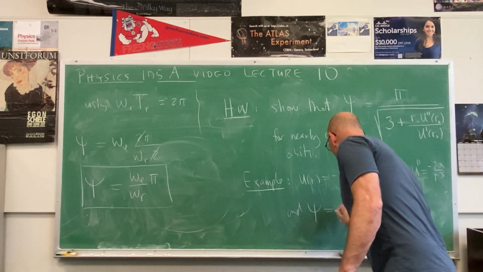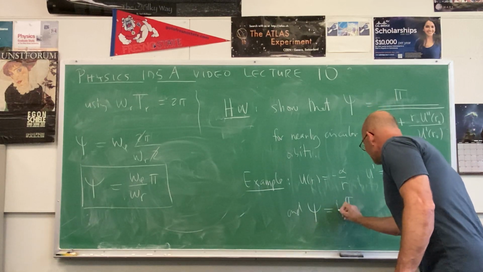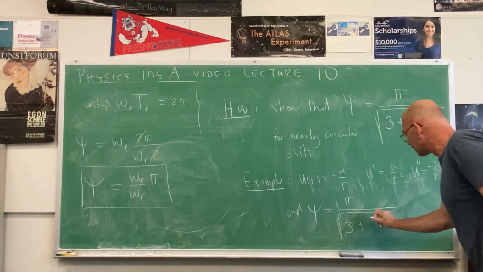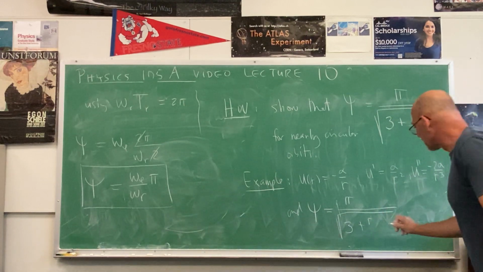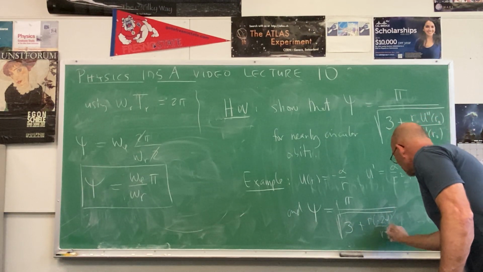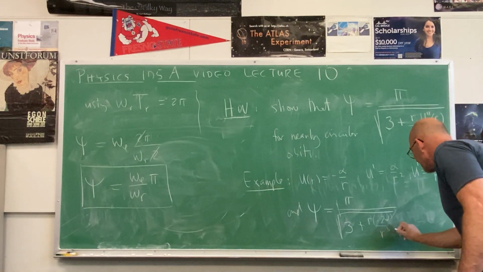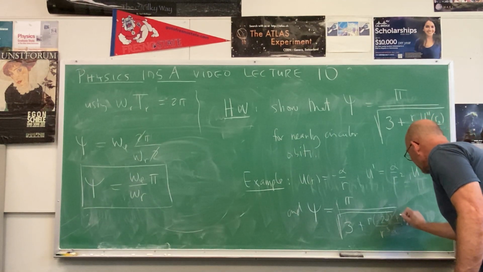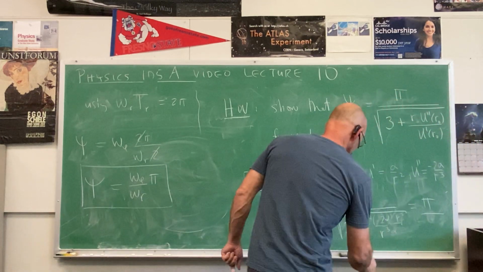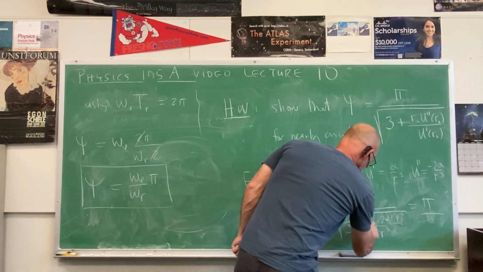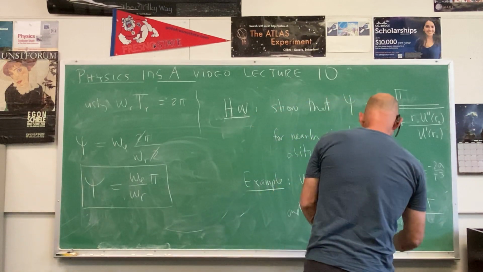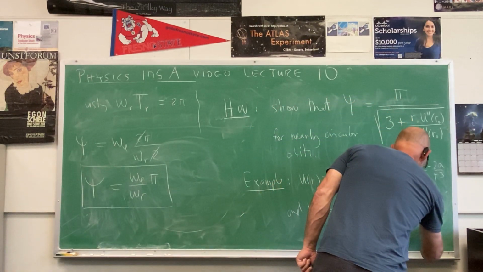And our absolute angle is equal to pi divided by the root of 3 plus, so we have r u double prime, negative 2 alpha over r cubed, divided by u prime, alpha over r squared. r squared goes against r cubed, alpha and alpha, so it's just 3 minus 2 equals pi over root 1 is just equal to pi.